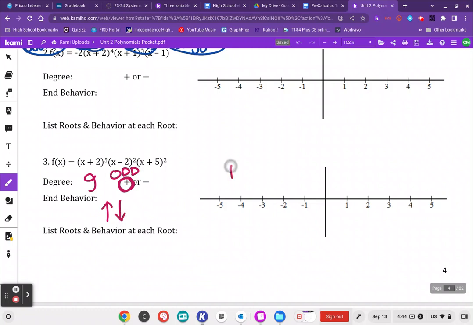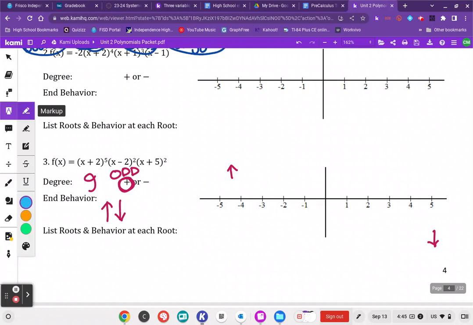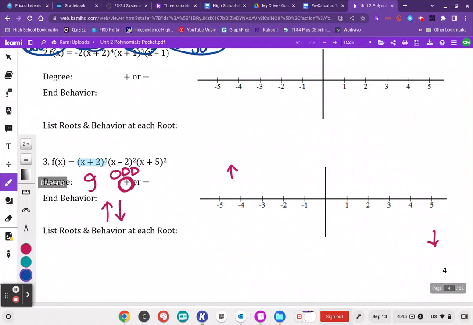So I'm going to go ahead and do this over by my graph, so I'll have that information when I'm ready. Next, I'm going to list the roots. So let's go one at a time. This tells me I have a root at -2.